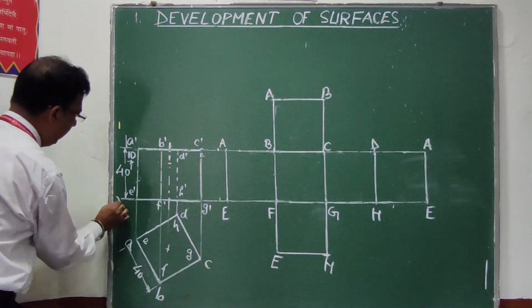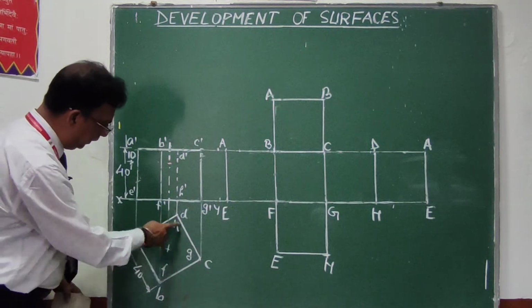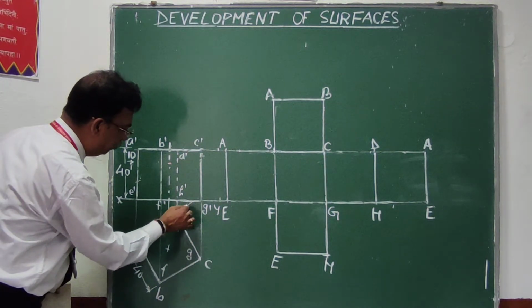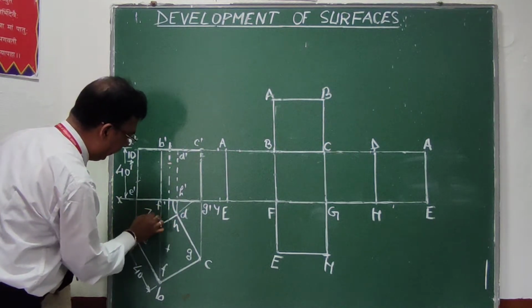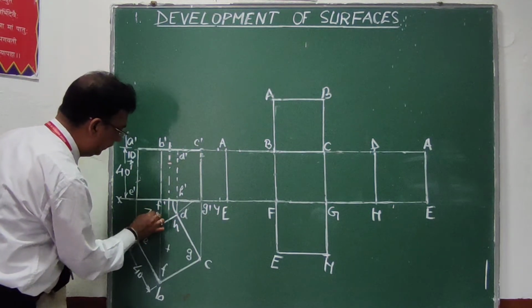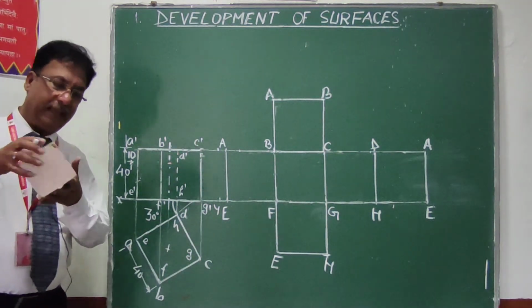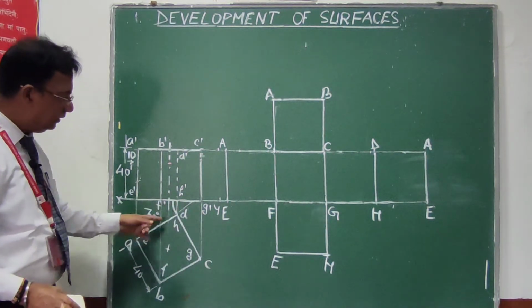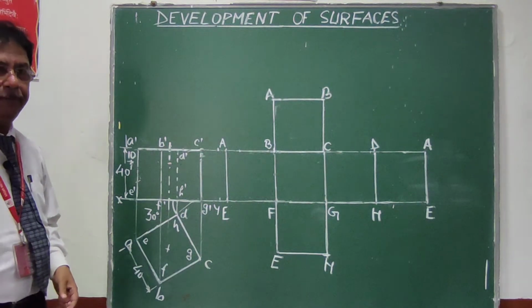In this problem, we have taken a cube, and the cube will be resting like this. This is the top view of that particular cube, and it is kept so that one of the edges of this cube is inclined 30° to the VP. So the problem is: there is a cube resting on one of its faces on the HP, with one vertical face inclined 30° to the VP.